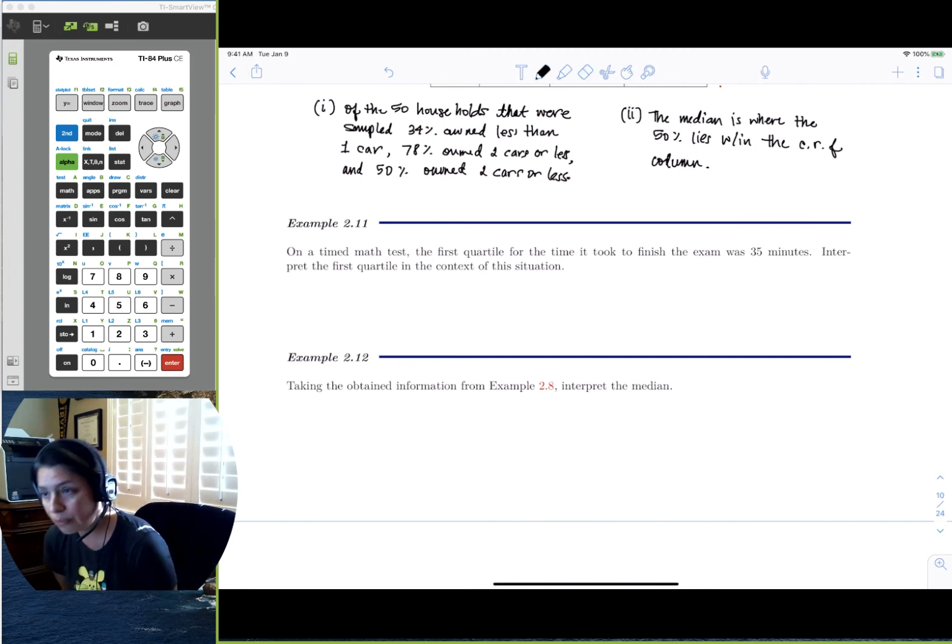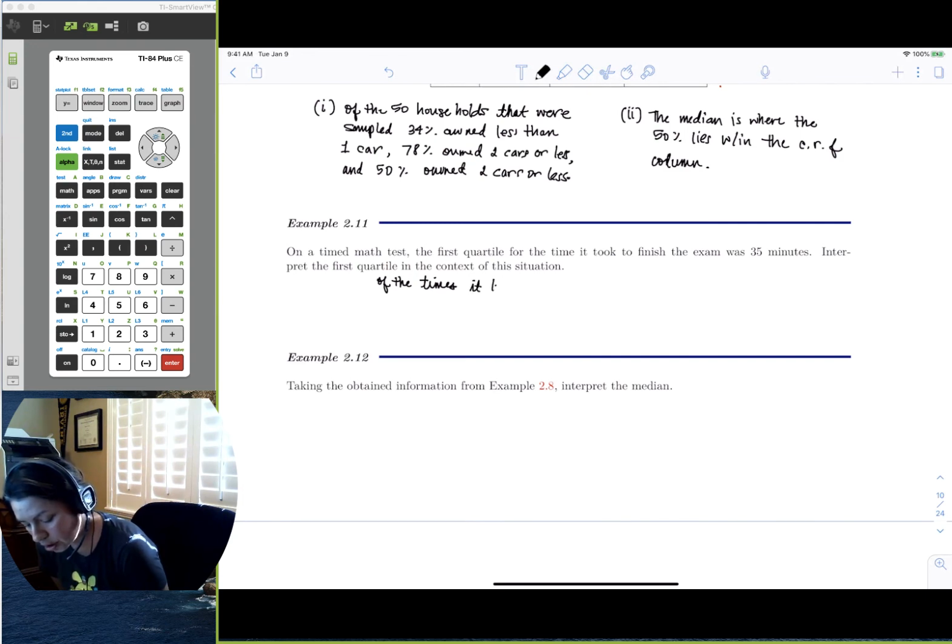Okay, well, this means that of the times it took students to finish the exam, 25% took less than.